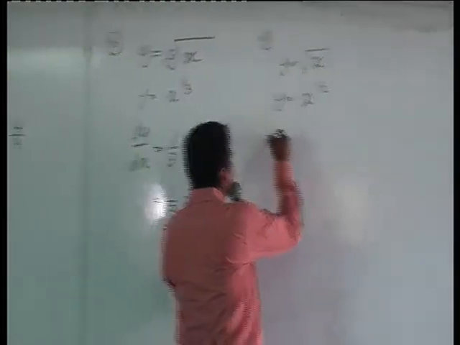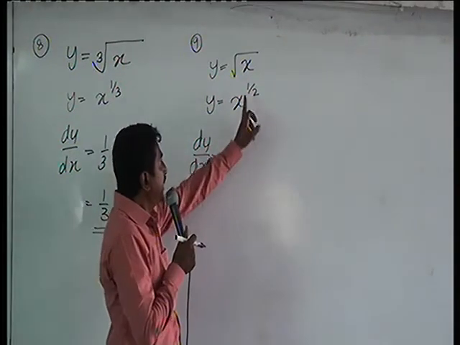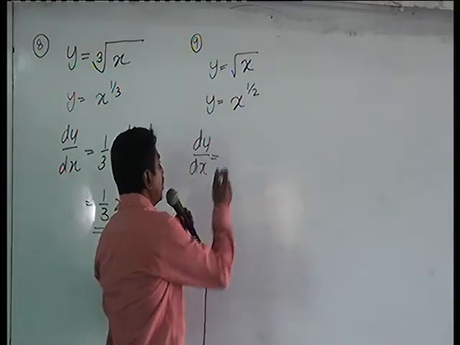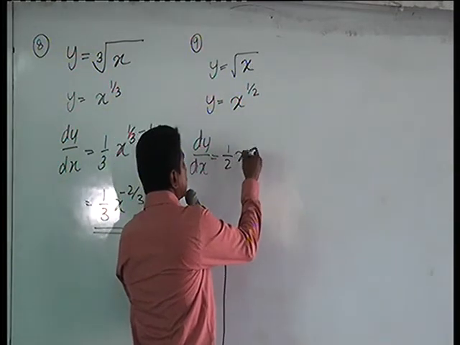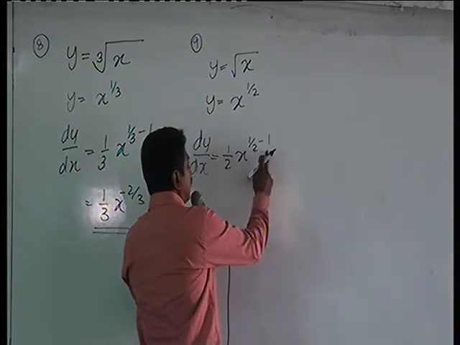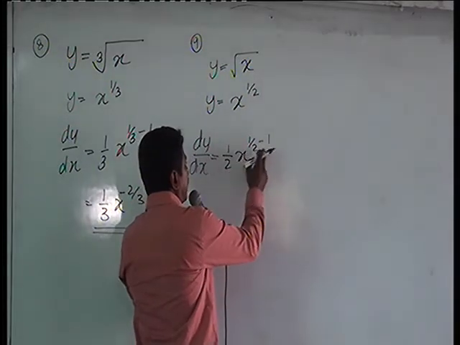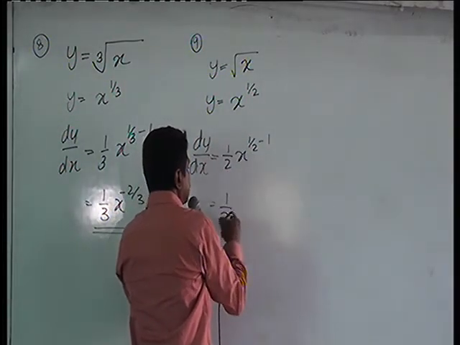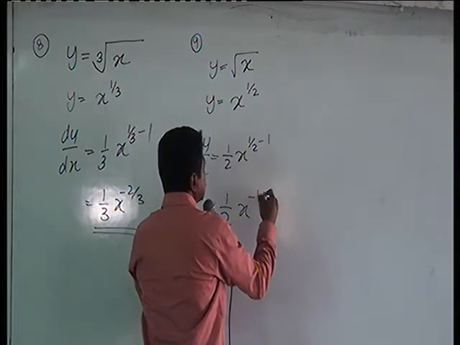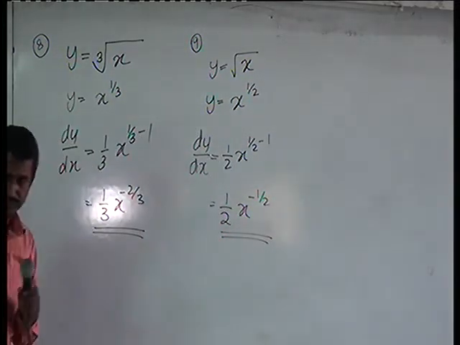So dy by dx equals, n is equal to half, so half x to the power half minus 1. The rule is n x to the power n minus 1. So half x to the power half minus 1. So the answer is half x to the power minus half.